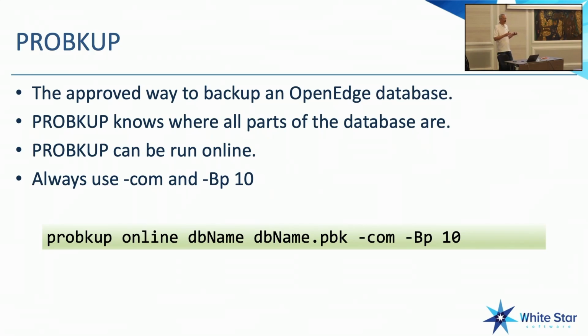And then one day you needed to add 100 gigabytes somewhere and you didn't have 100 gigabytes on your DB file system, so you put it over in /u/special, and then you forget. And you're making an operating system backup, and then you go to restore it, and you're missing 100 gigabytes of data. That's a really unpleasant situation to be in. So you want to use ProBKUP to avoid that, because ProBKUP knows exactly where everything is. You don't have to tell it anything.